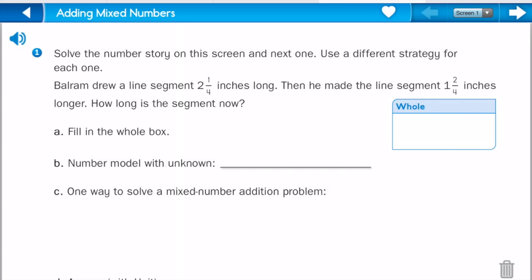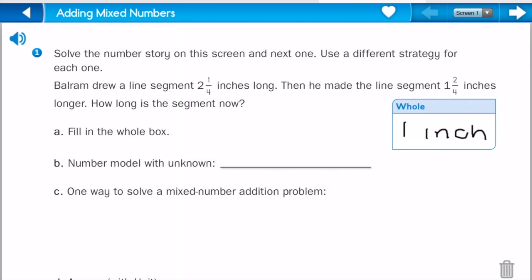We are going to first find the whole. And so the whole in this problem is going to be what? Yes, it's going to be 1 inch. Okay, so we found our whole.